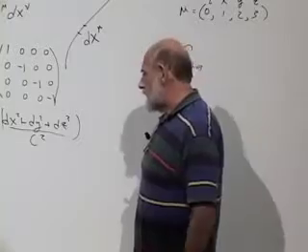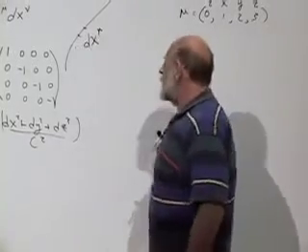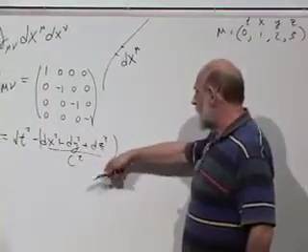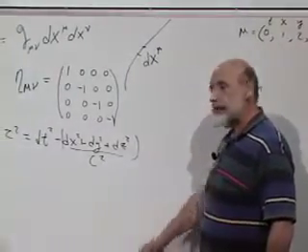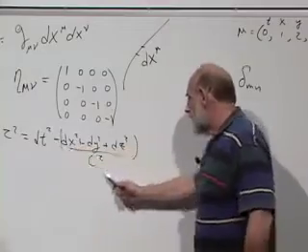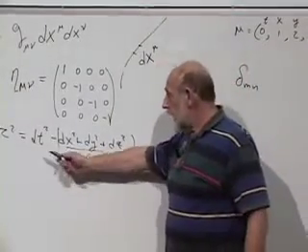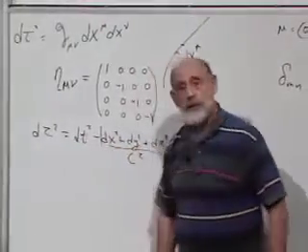Under those circumstances, if this object here is moving slowly, then we can treat the speed of light as being very large, and this piece here is essentially negligible. And d tau is the same as dt.